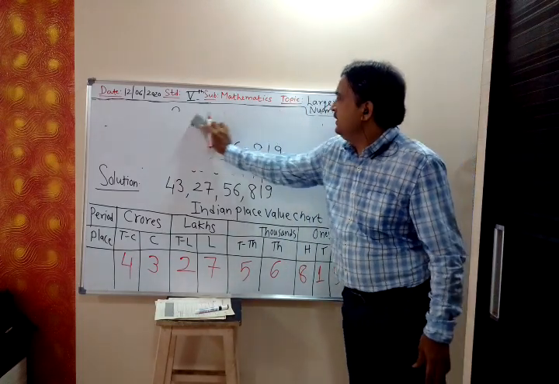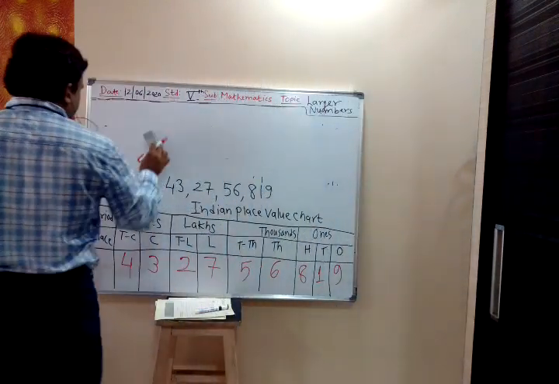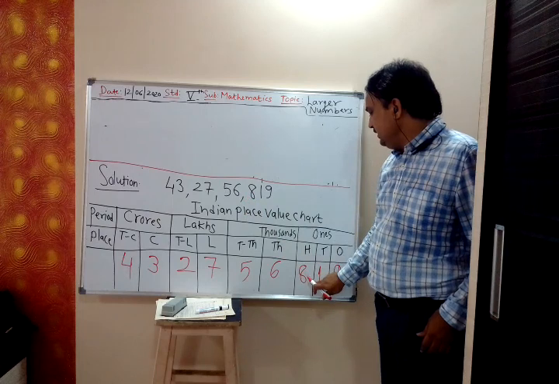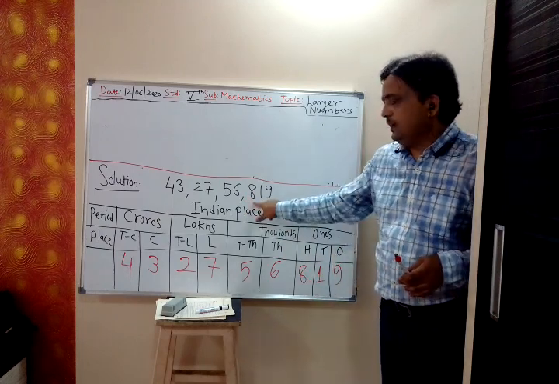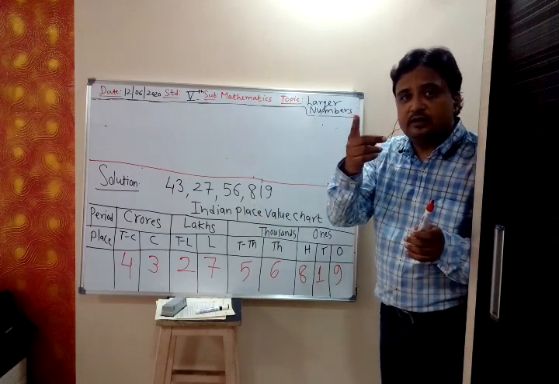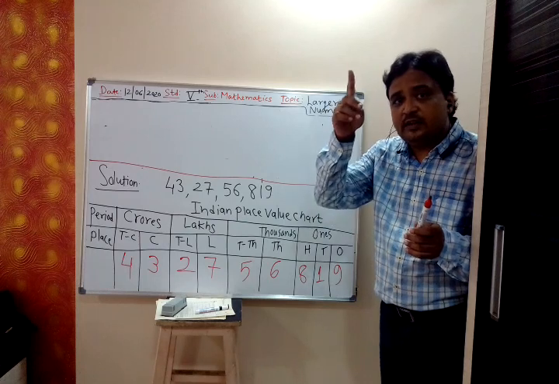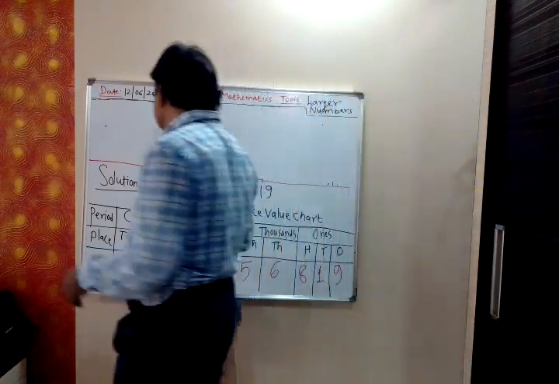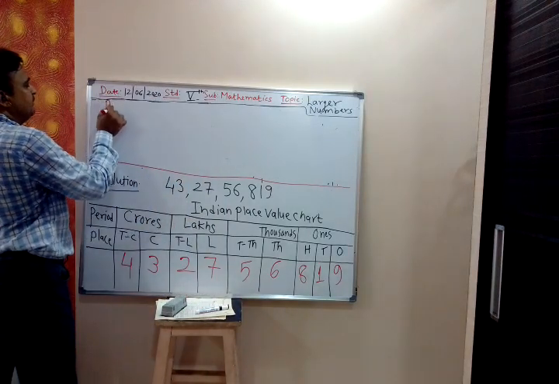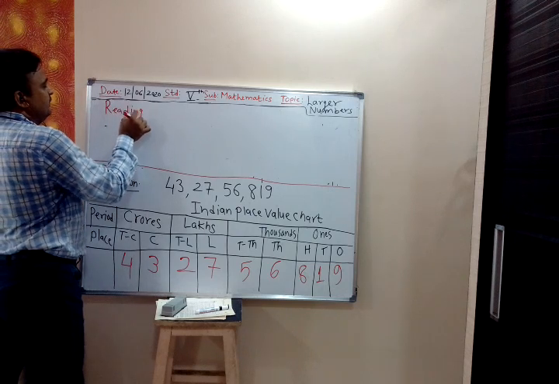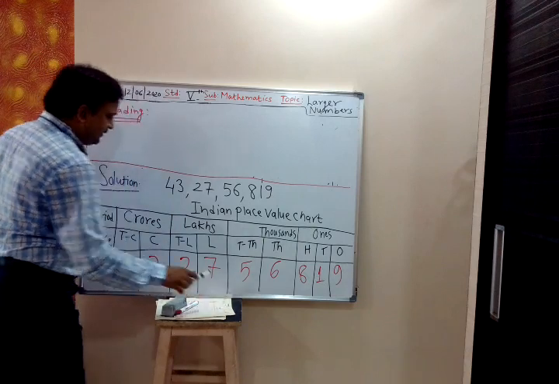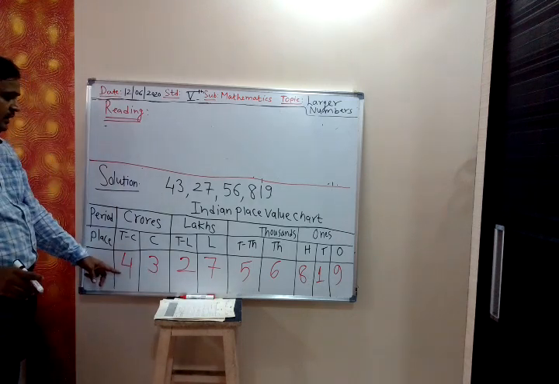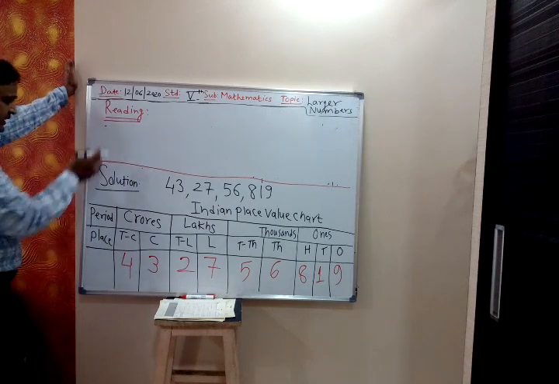You have to write down that number first in the chart, and then we read. Since this number is written in the Indian system of numeration, I will place it in the Indian place value chart. Now we read this number.